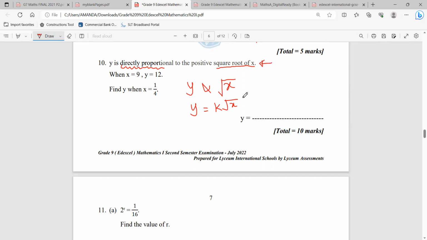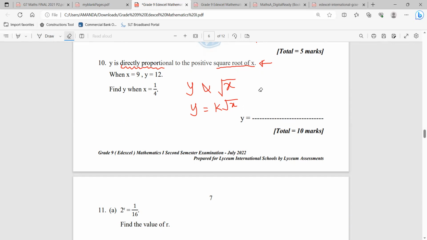From this line, you should identify this fact. And then let's say x is 9. We'll put 9 in for x. When x is 9, y is 12.